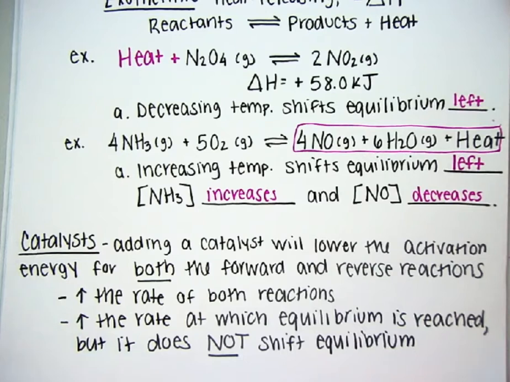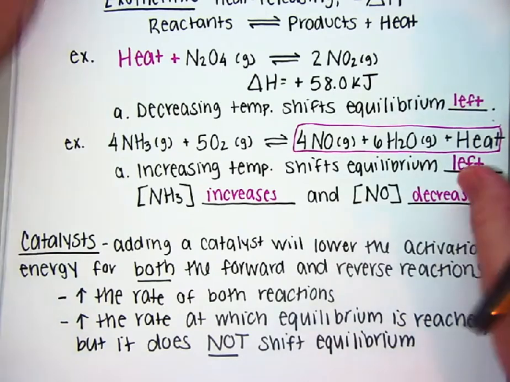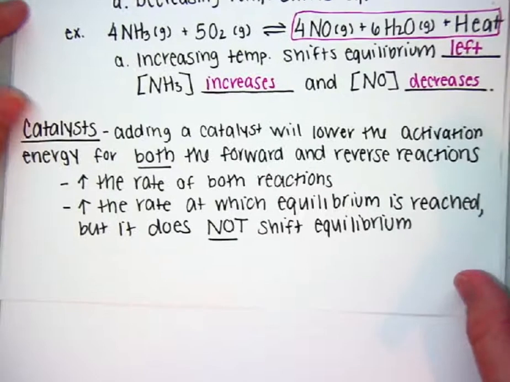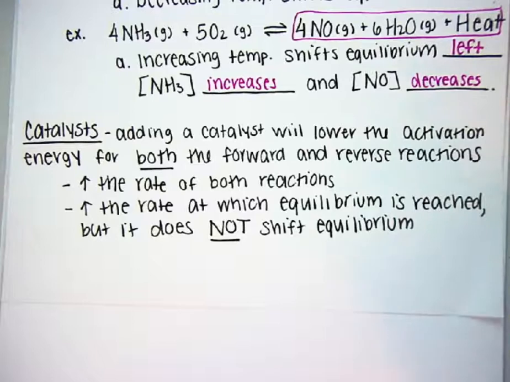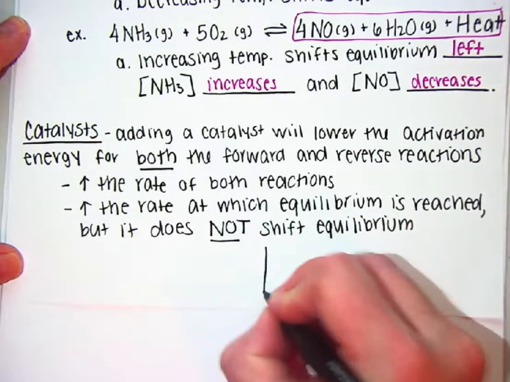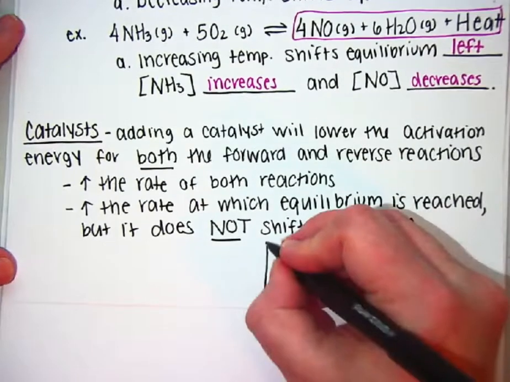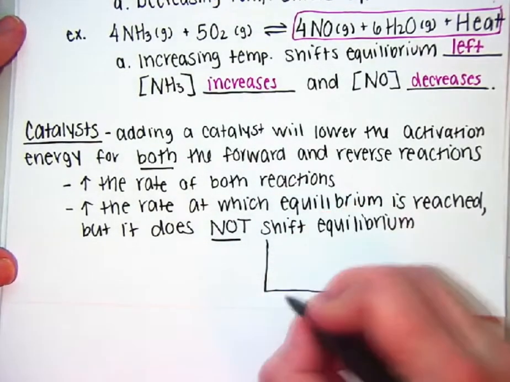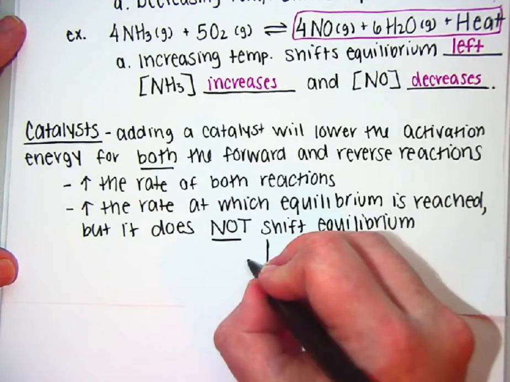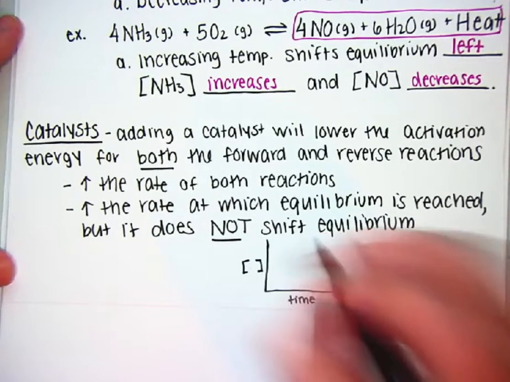So there's two ways to have no shift. First is with pressure. If we have an equal number of moles of gas, it's not going to shift equilibrium. The other way to have no shift is by adding a catalyst. So let's look at just a really rough sketch here. So let's say we had time versus concentration.